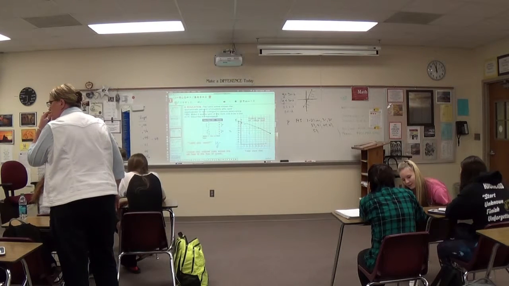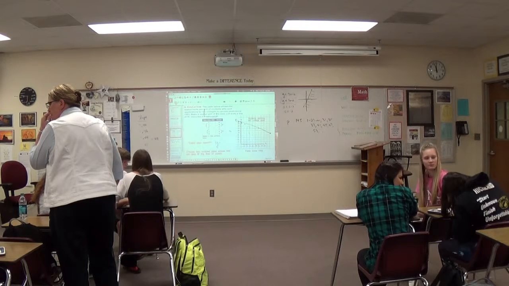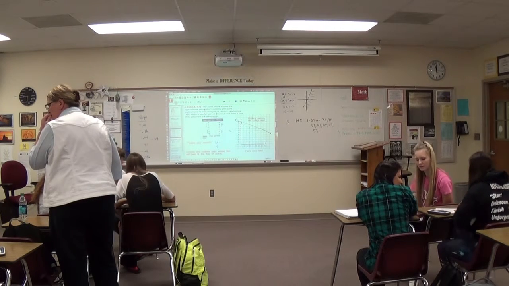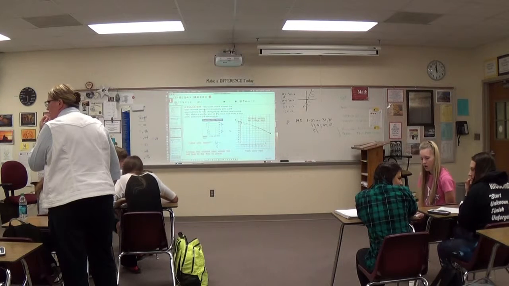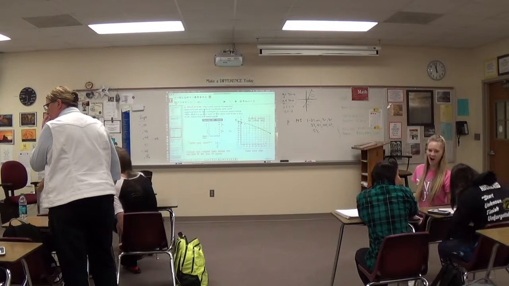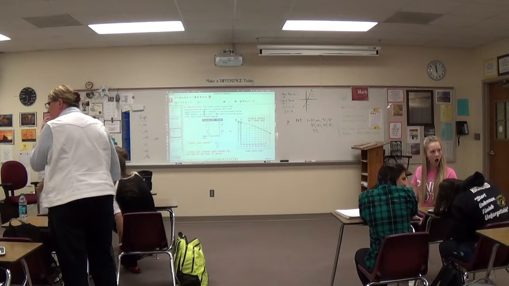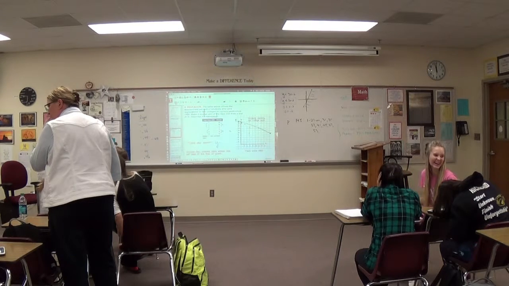We're lost. Tell me where you're lost. The whole thing, because we got a completely different answer. Okay. What is your slope? Negative 3.44. What is your y-intercept? Our y-intercept, mine is 50 over 3.